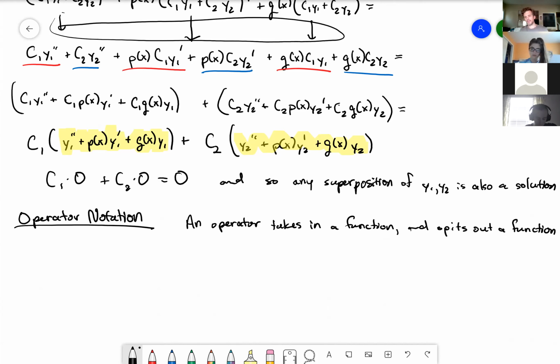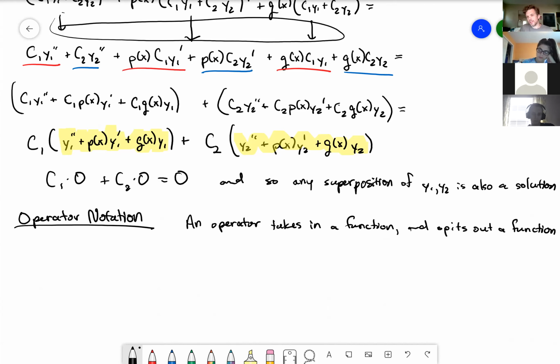We had this idea of functions before that they take in a number and then they output a number, right? That was our idea of a function. It takes something in and it outputs something. An operator is something that just works on functions this way. So it'll take in a function and it'll spit out a function.